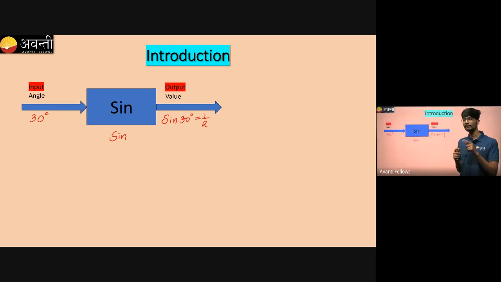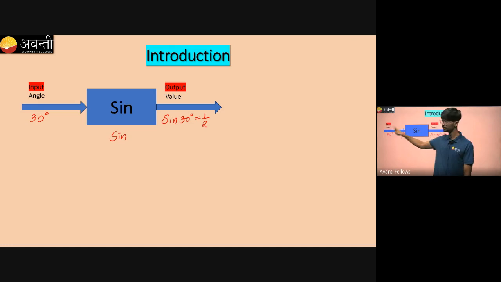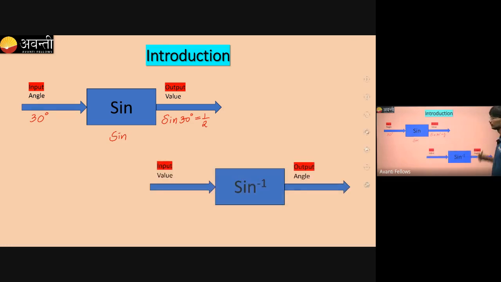Now, what happens in inverse functions? As we have all seen, in inverse functions the input and output of the original function get interchanged. Here the input was an angle and the output was a value. But now in the inverse function, the input will be, can you guess it? Correct. The input will be a value and the output will be an angle.